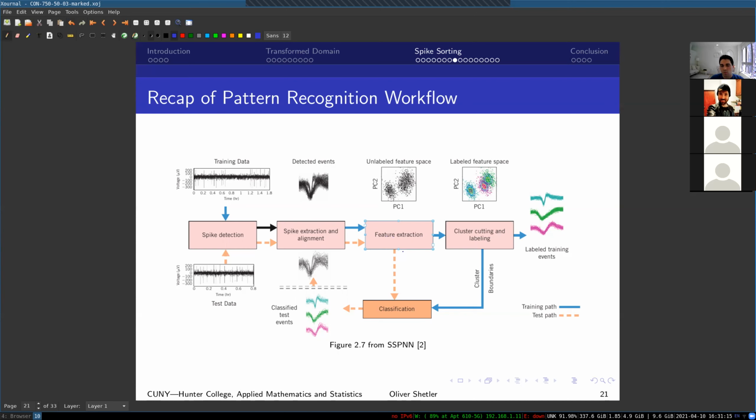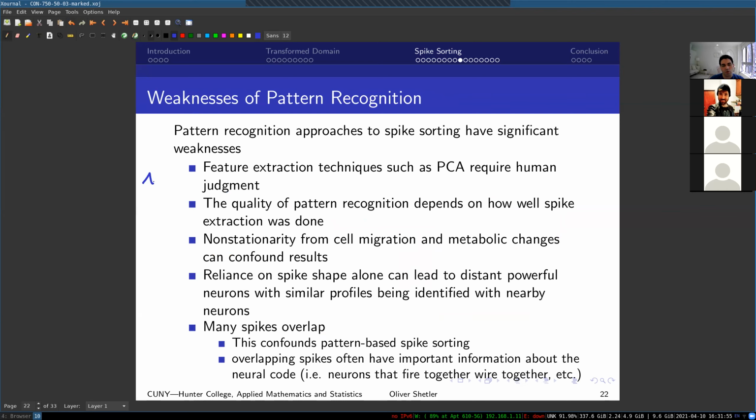So as I've been kind of hinting at, pattern recognition does have some significant weaknesses. One of them is that the feature extraction techniques such as PCA do require human judgment, especially if you're doing it for dimensionality reduction, because in that case, what you're going to be doing is you're going to take that eigenvalue matrix and you're going to essentially drop some of the lambdas, right?